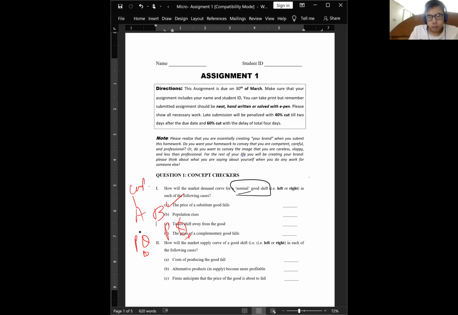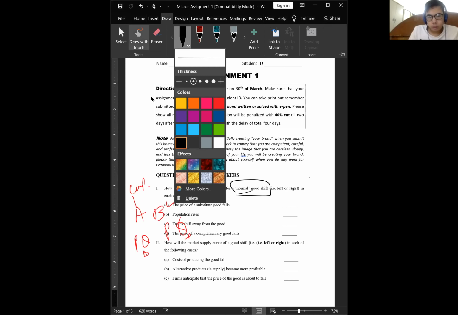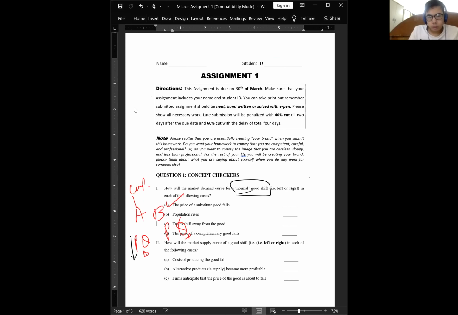If the price of the complement decreases, its demand increases. Since these two are complements, people will also start buying more B because B cannot run without A. If A's demand increases, automatically the demand of B also increases. So shift to the right.